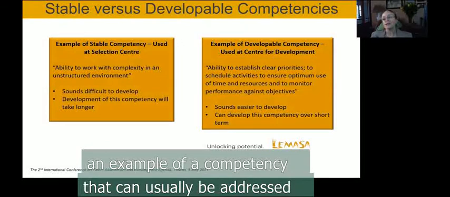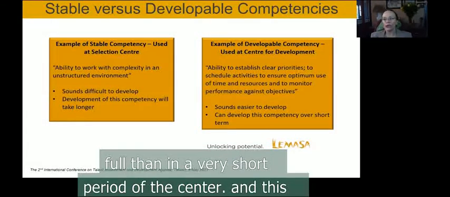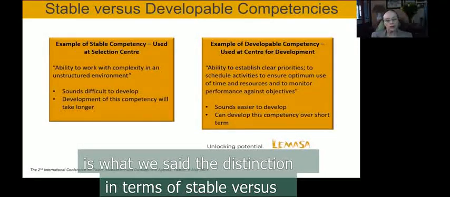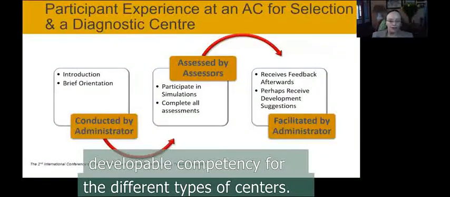So this is an example of a competency that can usually be addressed during the center itself, and if not during the center in full, then in a very short period after a center. And this is what we say, the distinction in terms of stable versus developable competencies for the different types of centers.